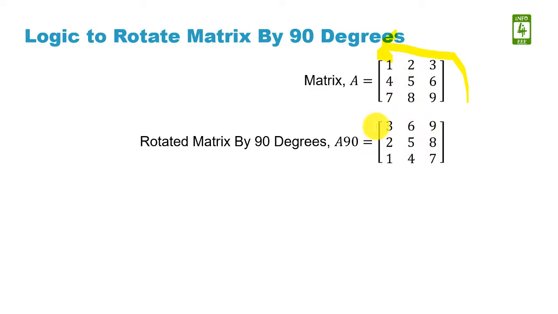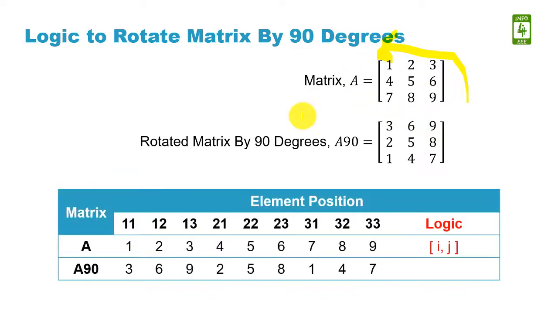Now to find the logic to obtain this A90 matrix from matrix A, we will rewrite both matrices in a single row. So these are the elements of matrix A: 1, 2, 3, 4, 5, 6 and 7, 8, 9, and these are the elements of the matrix A90: 369, 258 and 147.